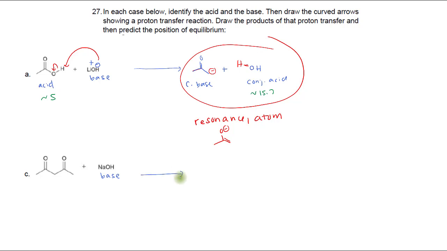In this example, I have two different acidic protons possible. I have this one here and this one that is in between. The pKa of this, I'll call it HA, is around 9. This one, which is B, is around 20. So the base is going to grab the more acidic one, which will be this guy right here.